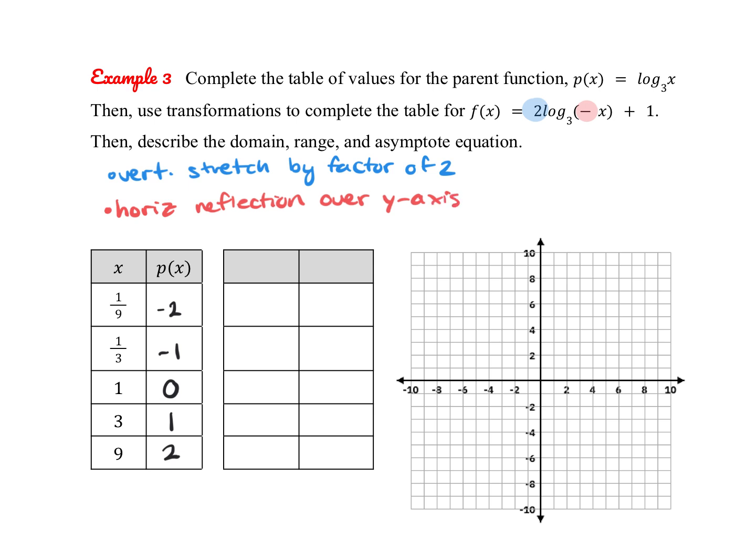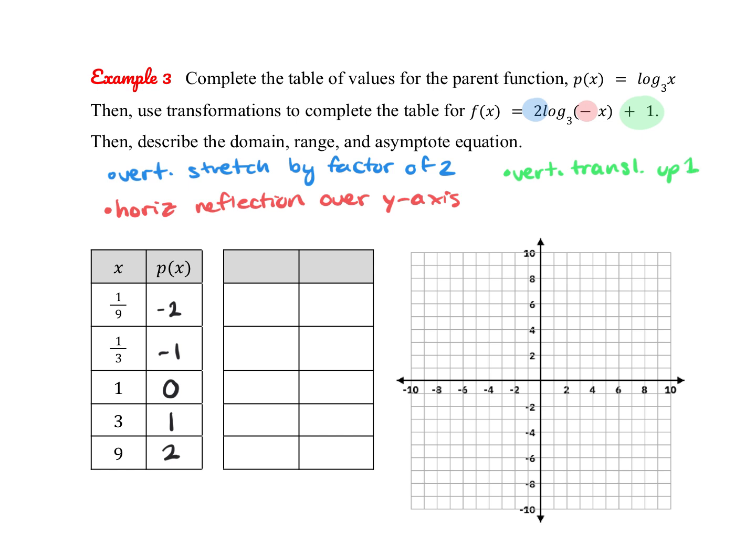So a reflection over the y-axis. The word horizontal is optional here, but it does remind us that this should affect the x value. And then last, we see that +1. It is outside of my logarithm, which makes it vertical. So we have a vertical translation up 1.